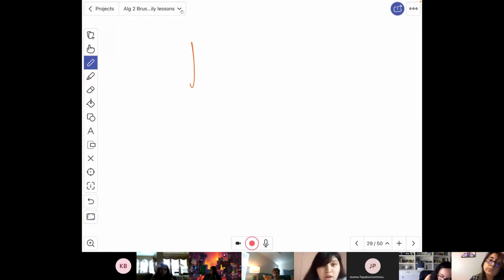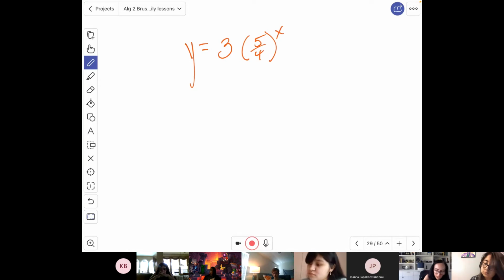Okay, so then let's look at one more example. If I give you y equals 3 times 5/4 to the x, I know that this is an exponential function.